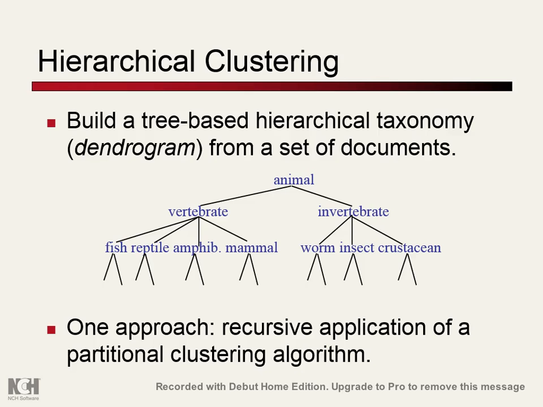Here we apply k equals 4, so we can divide the cluster into 4 subclusters. So we can apply the same k-means clustering to do a further clustering. What we do here is recursively apply k-means clustering, and you can build such a hierarchical clustering.